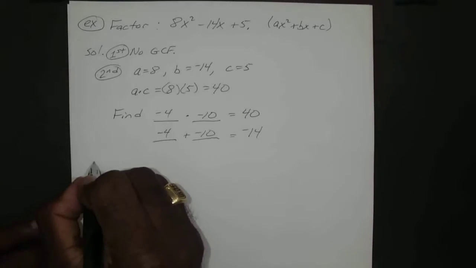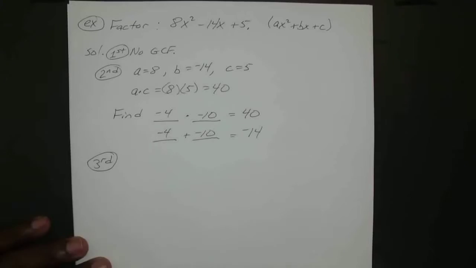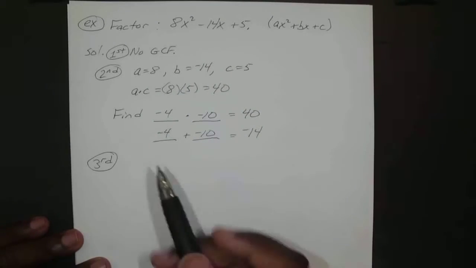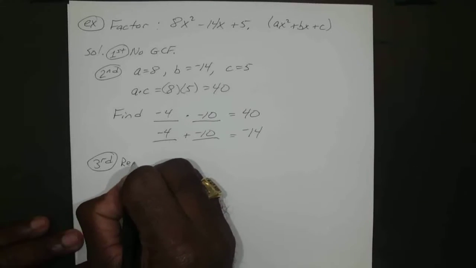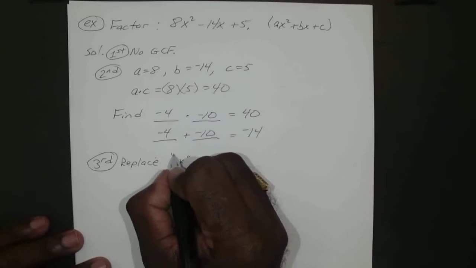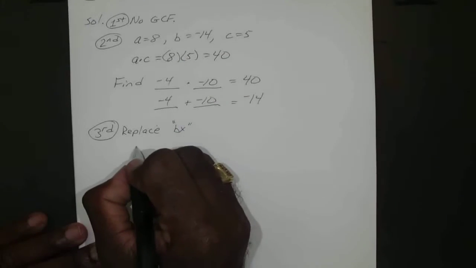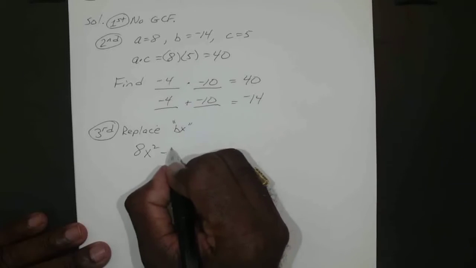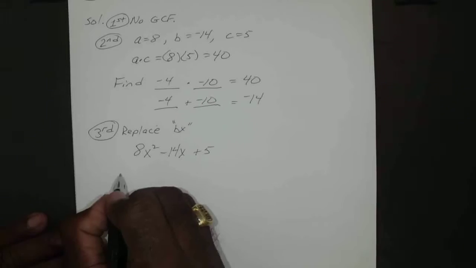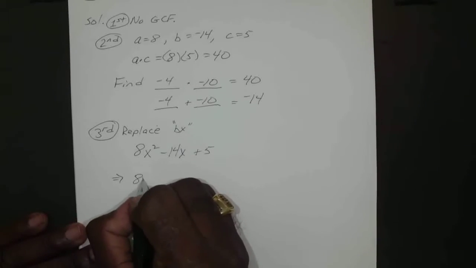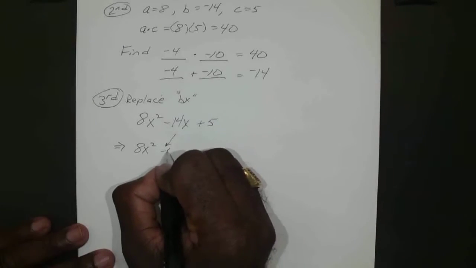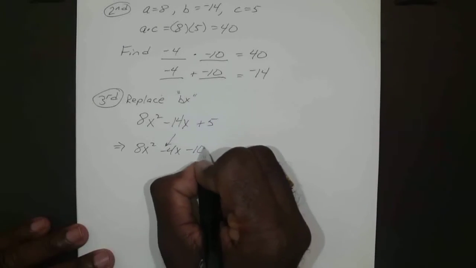Our third step is we're going to replace our negative 14x with those 2. Okay, so that means 8x squared minus 14x plus 5 will now become 8x squared, that just breaks down to negative 4x minus 10x.